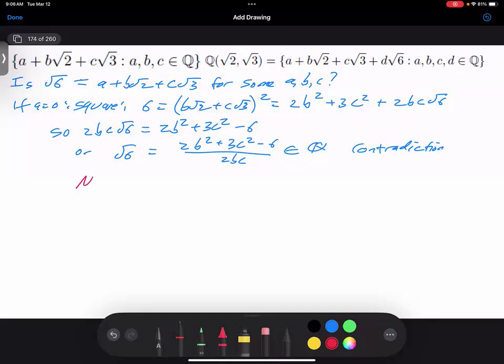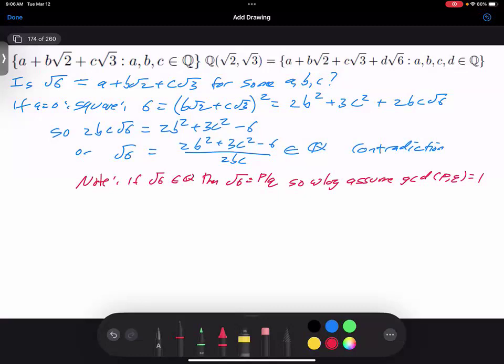Okay, so note, if the square root of 6 is in Q, then I can write the square root of 6 as P over Q. Without loss of generality, we can assume the GCD of P and Q equals 1, because if P and Q are both divisible by 5, I can remove that from both of them.